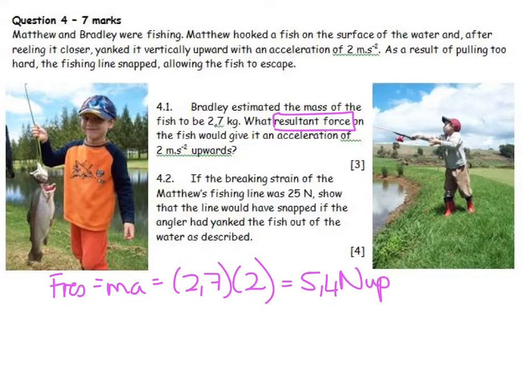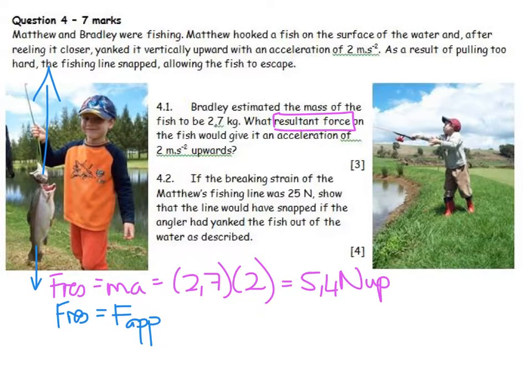If the breaking strain of Matthew's line is 25 newtons, show that the line would have snapped as the fish was yanked. So force resultant is equal to force applied. So basically he's going to apply a yank upward, and then there's going to be a gravitational force acting downwards.